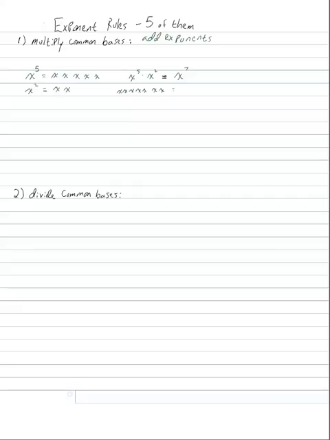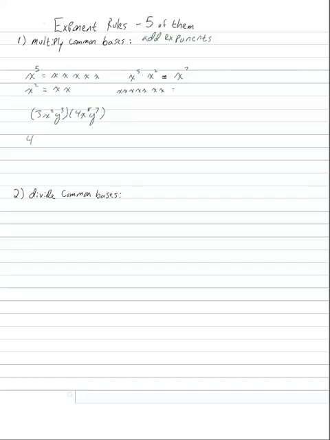Say we have something like 3x squared y to the third, times 4x to the 8th y to the 7th. To multiply this together, I'm going to rewrite it. Multiplication is commutative, which means I can switch the order.